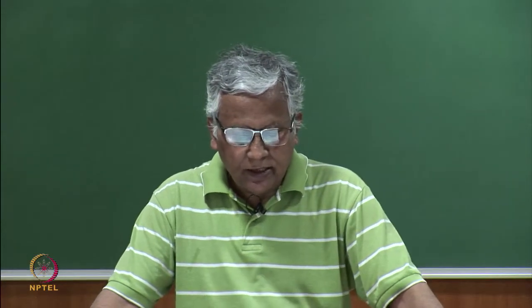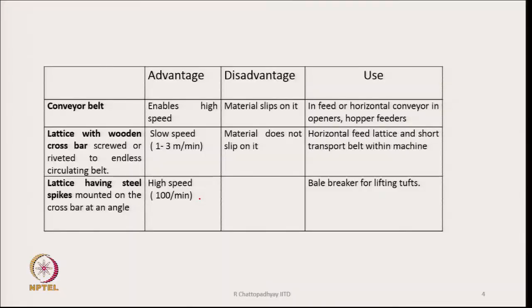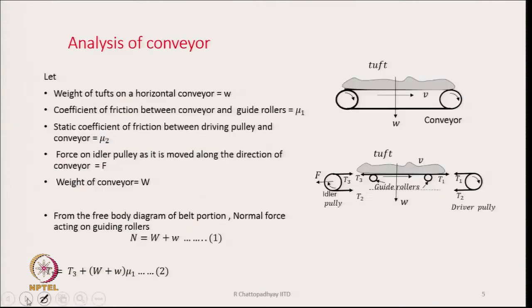The advantage is we can run it at a higher speed and the chances of material to slip are also less. The spikes will be penetrating the tuft and will physically hold the tuft and then it will move forward. So, it is used in bale opening machines for lifting the tufts. So, these are the mechanical ways of transportation of tuft.